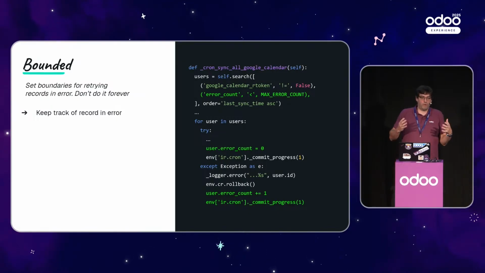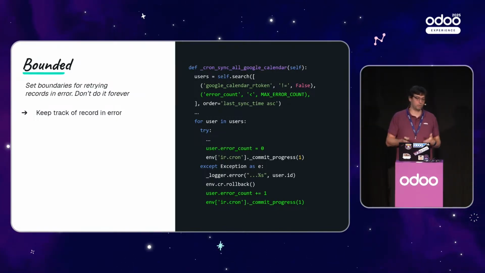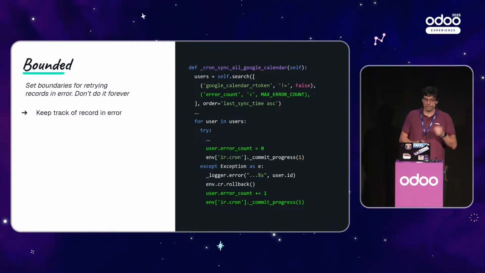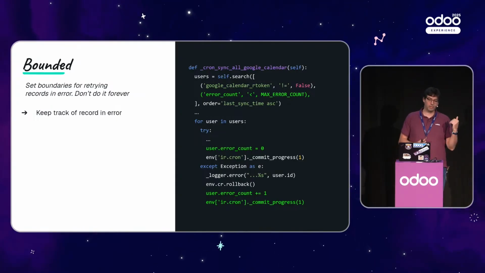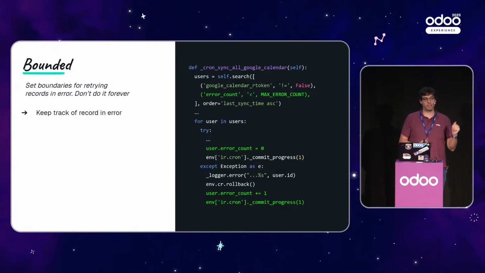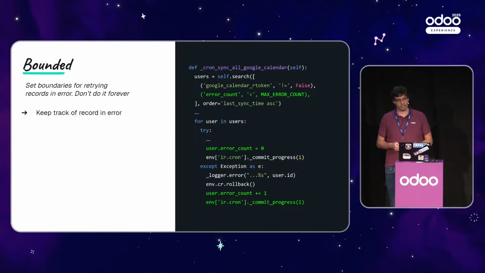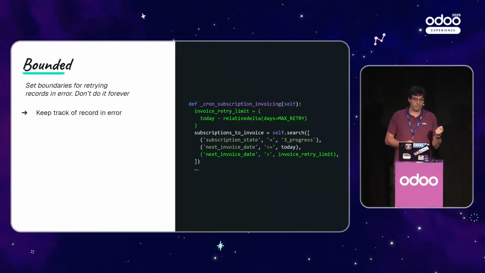And when everything goes well, of course, we set this error count back to 0. But if something goes wrong, we are incrementing this error. Notice that, of course, we roll back when something goes wrong. But then you have to commit this change because you want this increment to be available in the next transaction. OK?